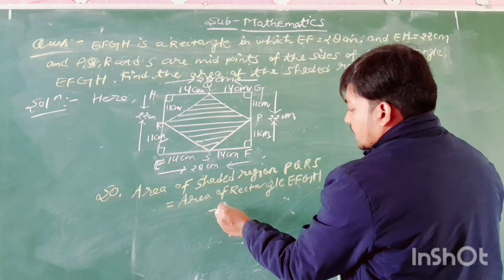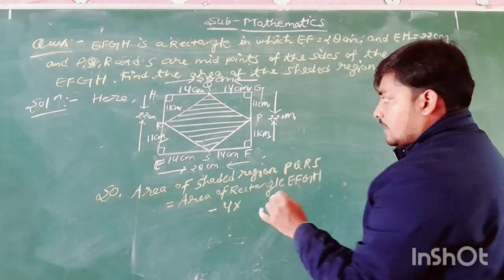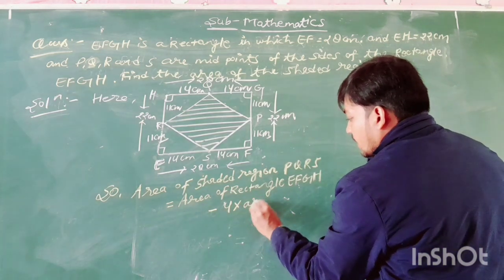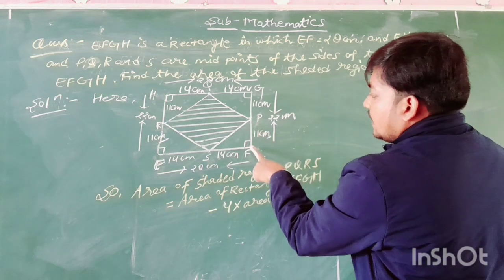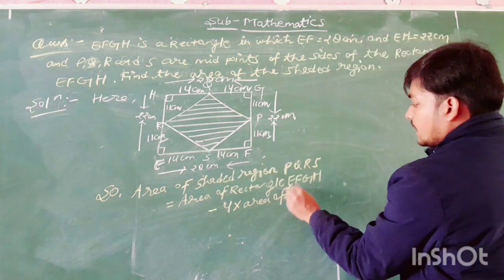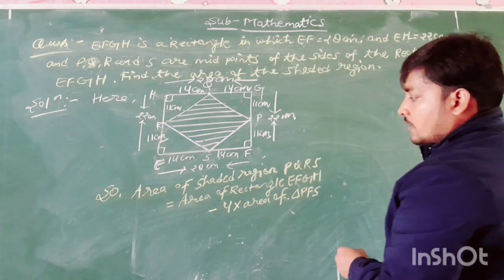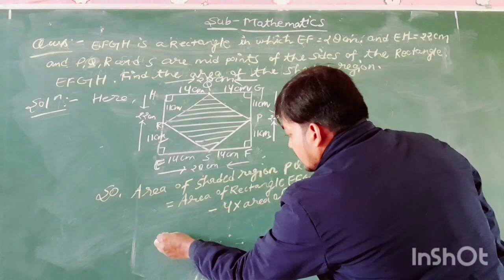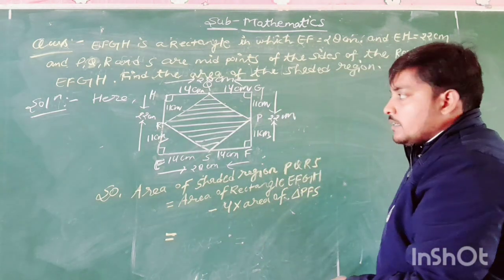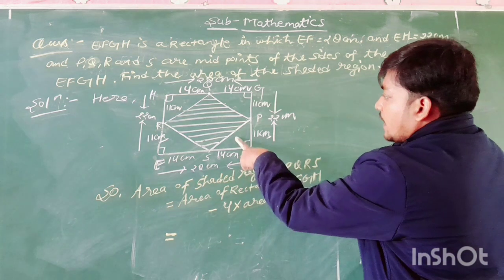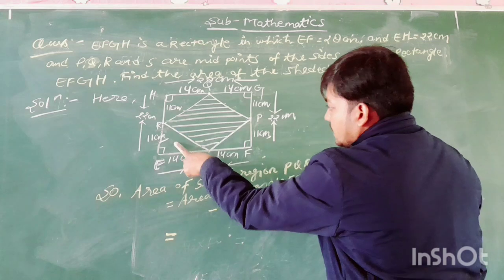So we write 4 into area of one triangle, here we consider triangle PFS. Here we multiplied by 4, so that the area is calculated for this triangle, this triangle, this triangle, and this triangle.